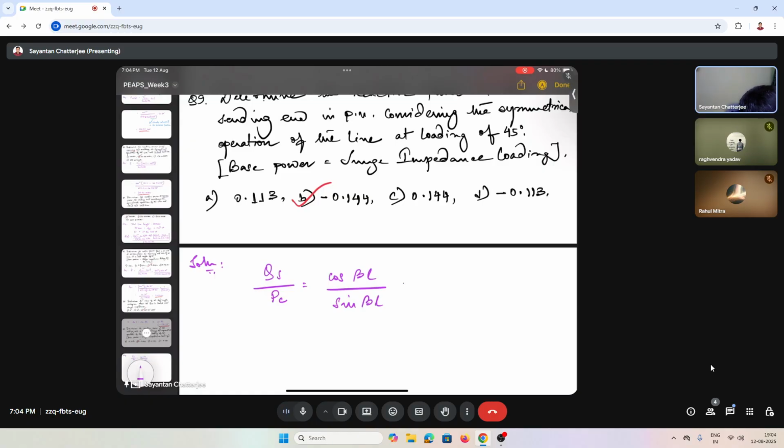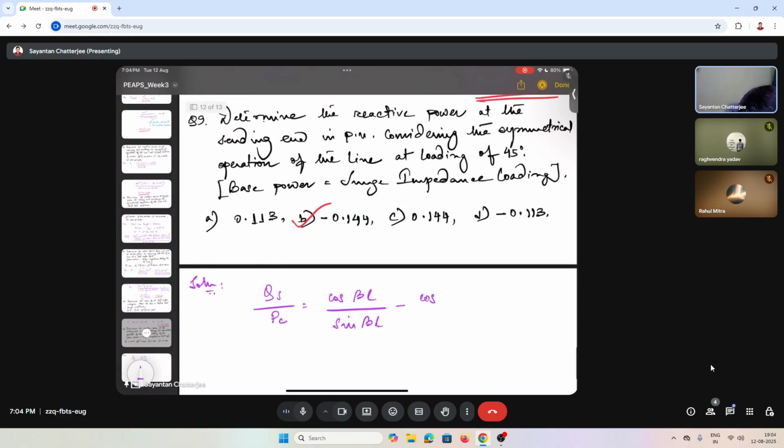So when we get these values, the other value is cos delta. The minus value is cos delta divided by sin beta L, which is fixed.